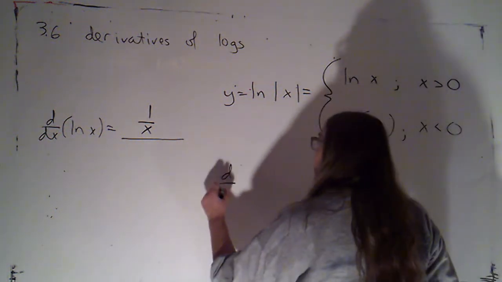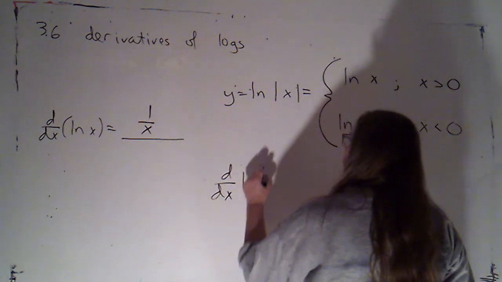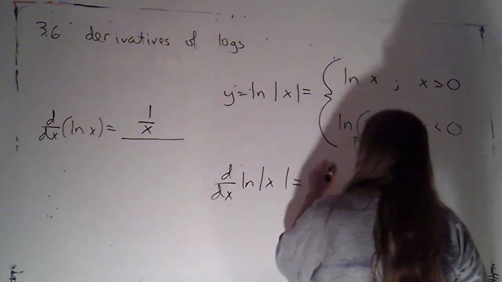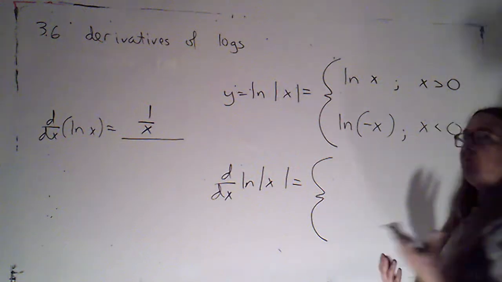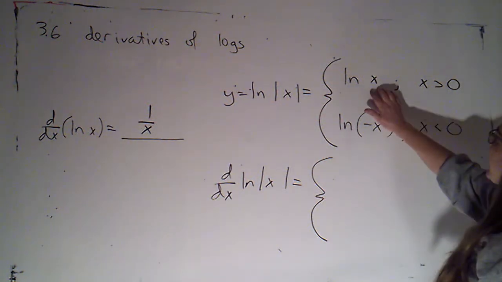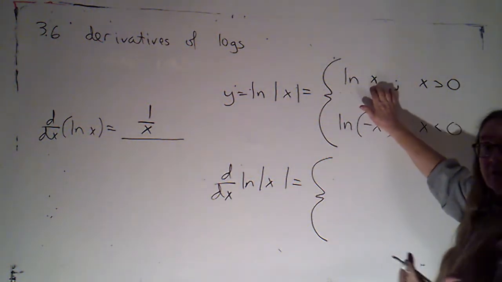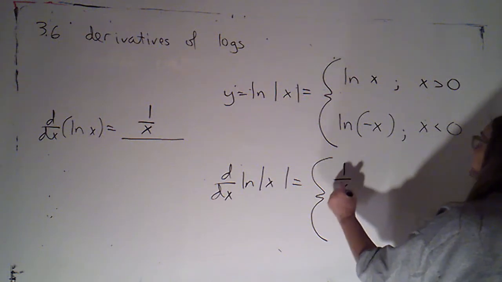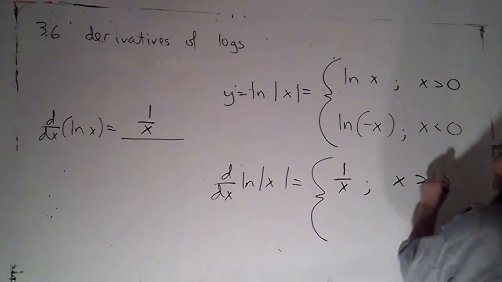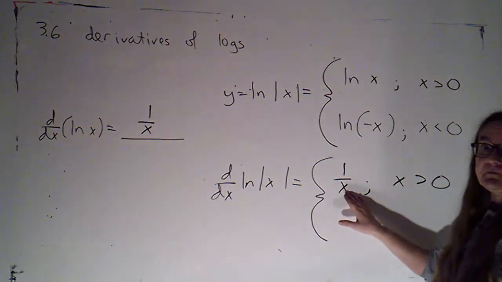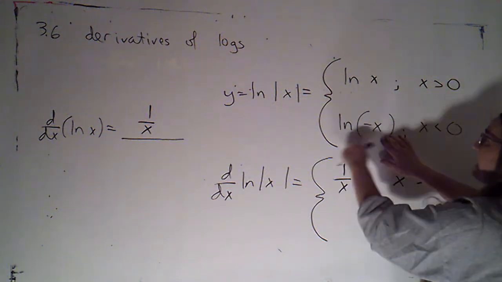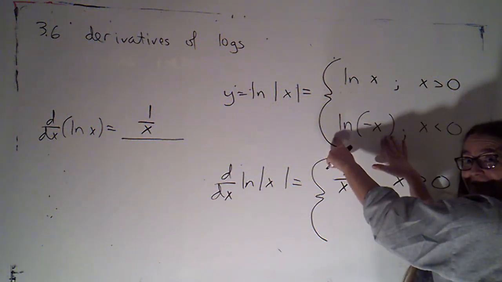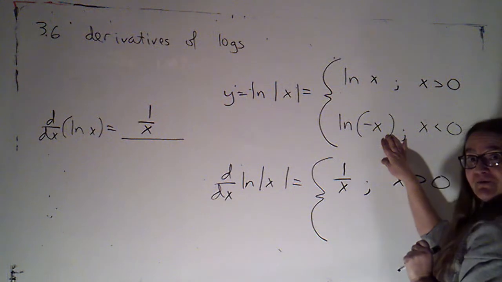Then I can take the derivative of the natural log of the absolute value function piecewise. If x is positive, it's just the natural log function. We just calculated that that derivative is the reciprocal function. Here, I've got a function composition, so I'm going to have to use the chain rule.